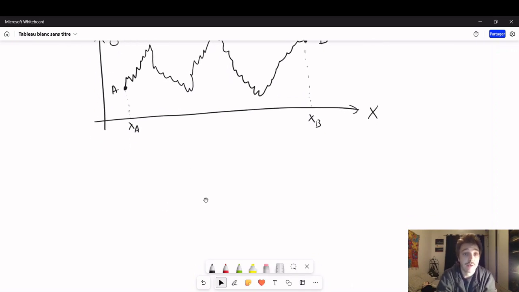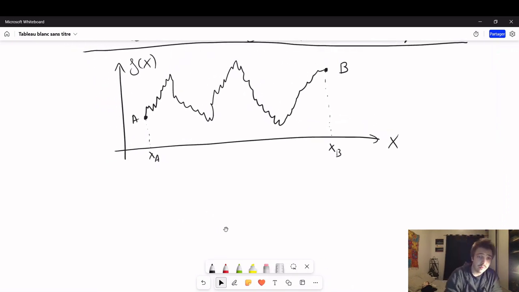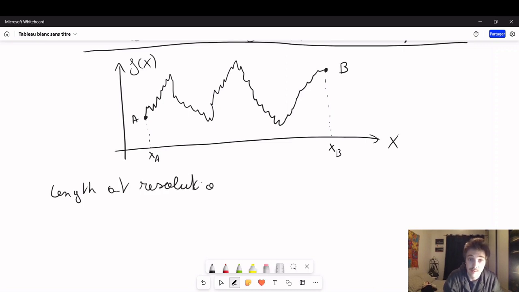Okay, so let's start. We want to give a definition of the length of the curve at first, so length at resolution scale epsilon 0 is equal to xb minus xa.